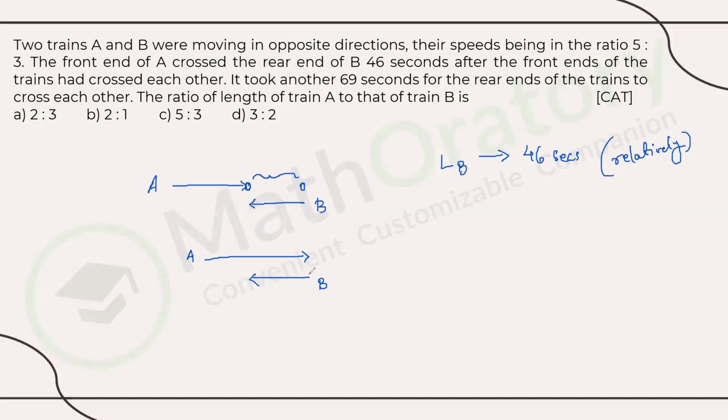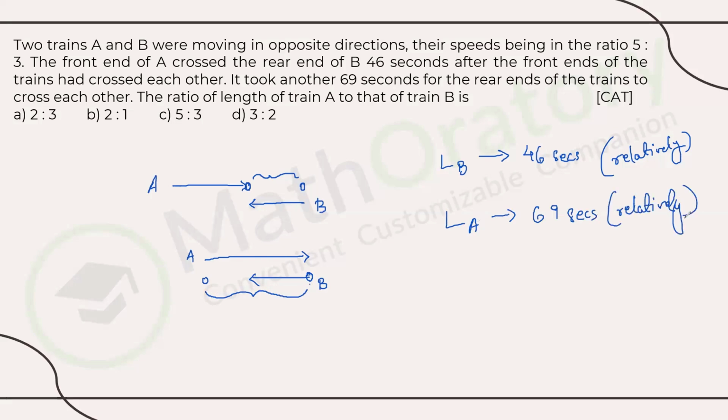So this particular point and this particular point are meeting. Or in other words, if I focus on this point, it is traveling till here. So they are covering this time the length of A. So the length of A is traversed in 69 seconds, again, relatively.